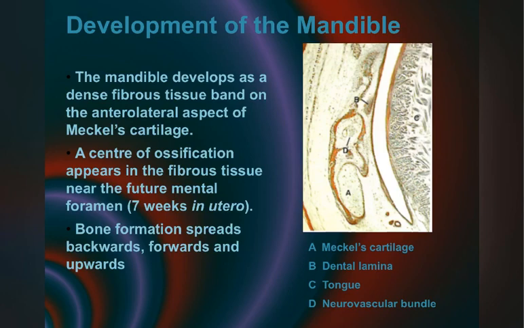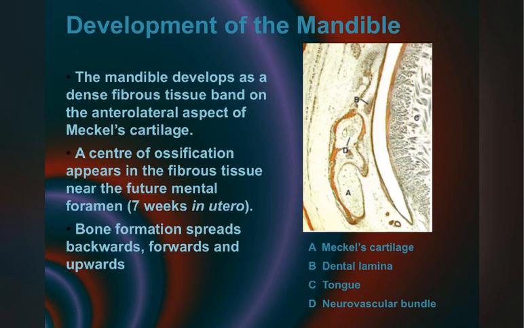A center of ossification appears in the fibrous tissue near the future mental foramen around 7 weeks in utero. So, the first sign of bone formation within the mandibular process starts at the site where the future mental foramen will be.